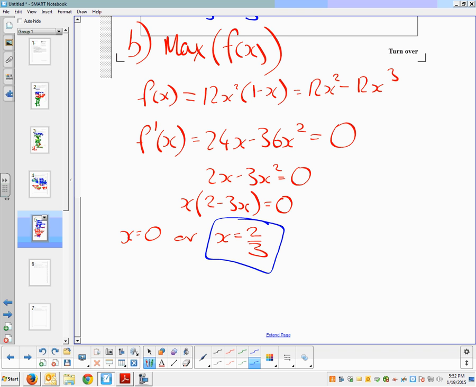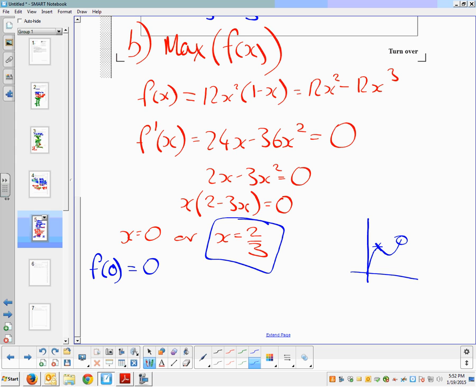The mark scheme doesn't actually require you to check that that's the maximum. But with a quick substitution, you can see that f of 0 is 0. There's actually another possibility with functions defined piecewise: you could have a local maximum here that we've just calculated, a stationary point, but an absolute maximum here that's not a stationary point.